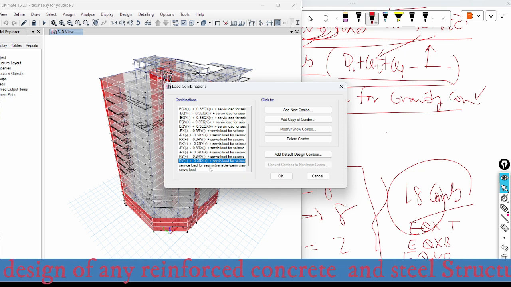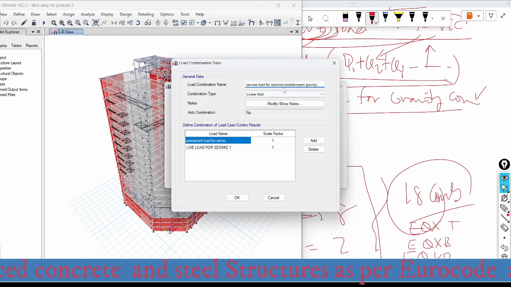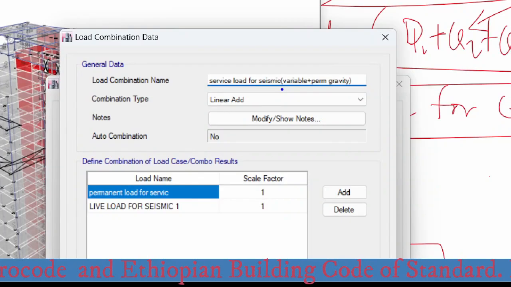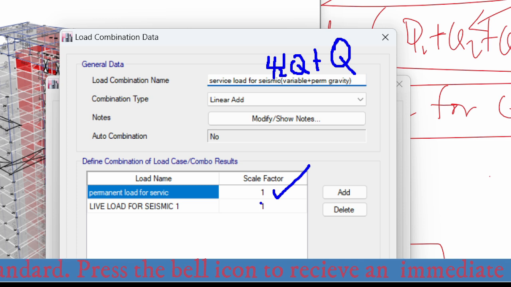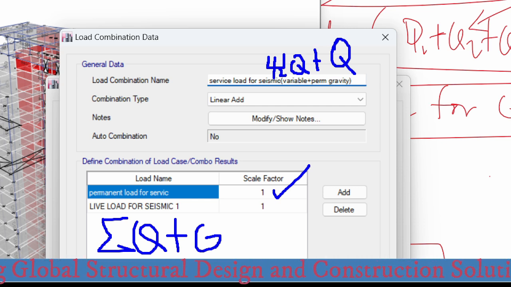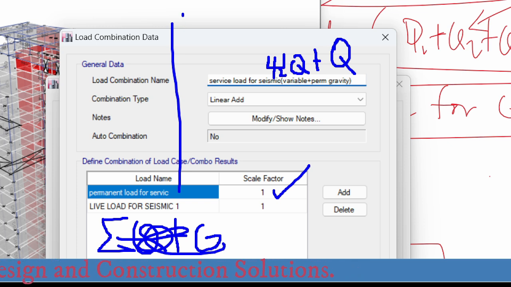So the service load for seismic meaning, that is the permanent load for service using a factor 1, because all the permanent loads will be multiplied with 1 for service, meaning the summation of permanent load, this one.